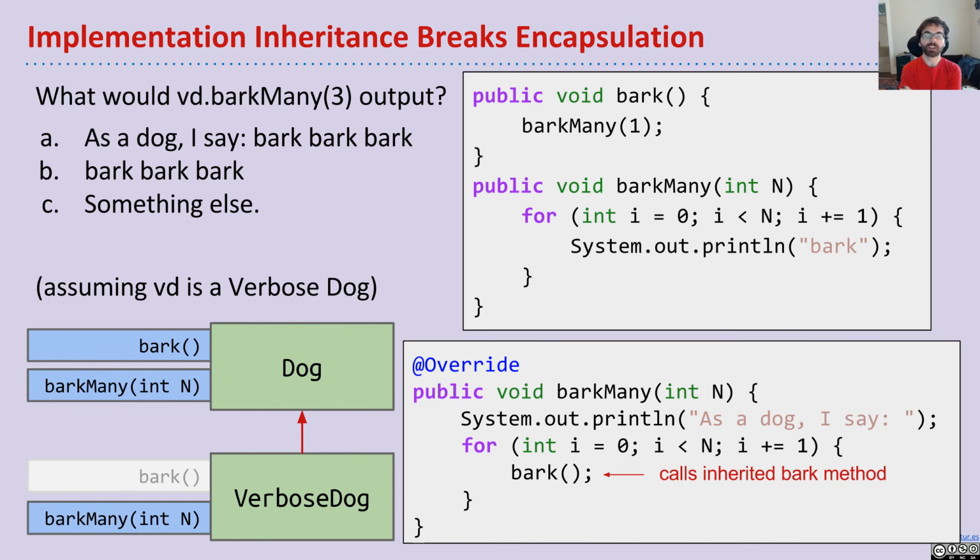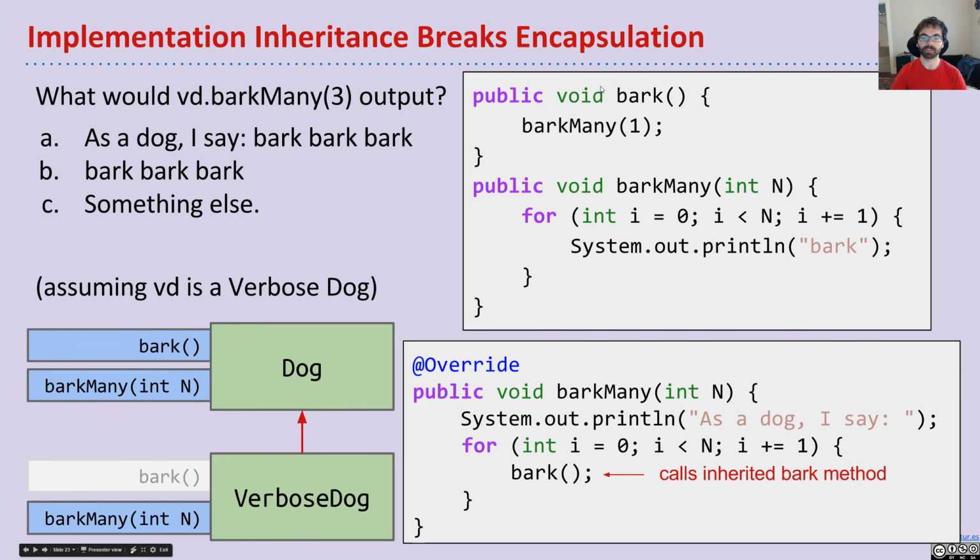Okay. So in this case, we call vd.barkMany(3). Its dynamic type is VerboseDog. So this method executes. We get here and we say this.bark. What's the dynamic type of this? Well, it is VerboseDog, so we'll try to call the bark method of VerboseDog. It doesn't exist, so we go to the superclass.